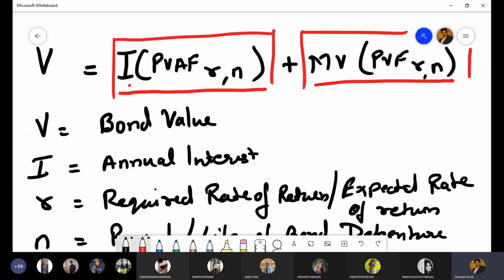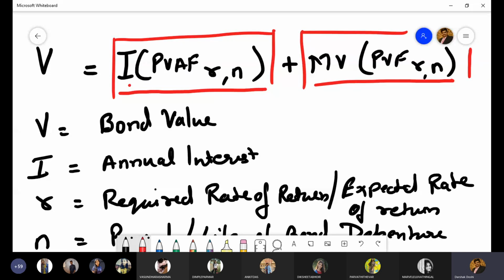At the end of the period you are going to get the face value back, which is known as maturity value. That also you need to bring into present value terms to find out the value of the bond.